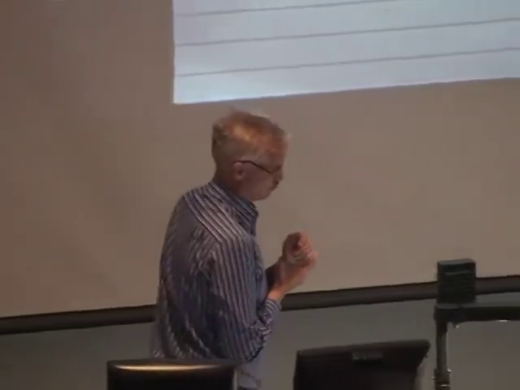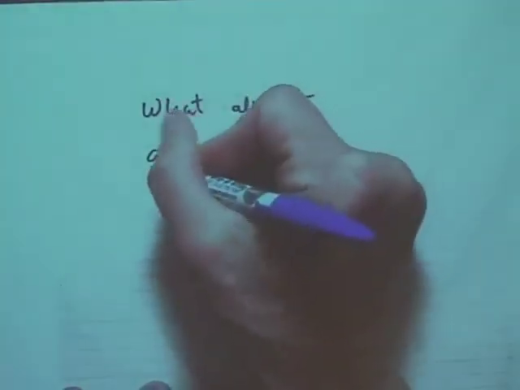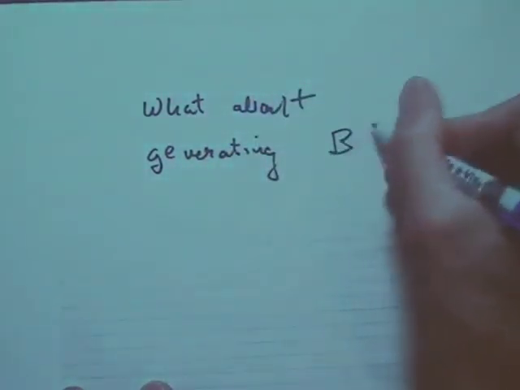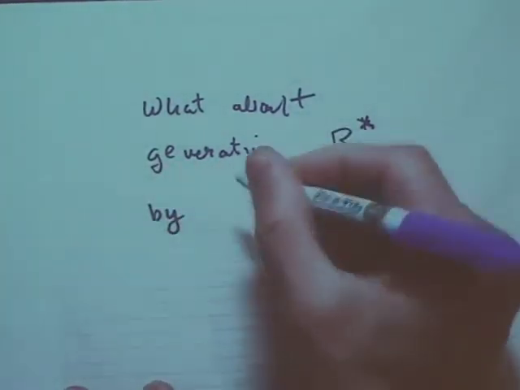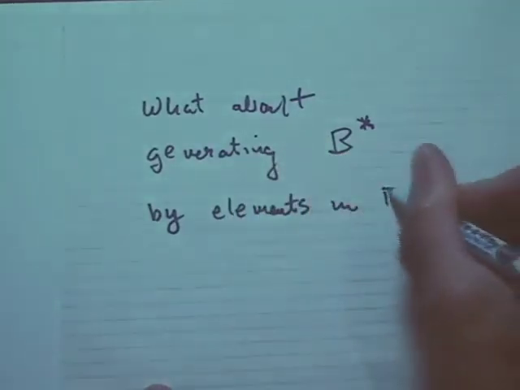Well, since you asked, if you don't mind, there is one fact that I'll mention. You can ask this without passing to orders. There is one interesting fact here. You can just ask the question, what about generating the units in the whole division algebra by elements in B sub Q stars.